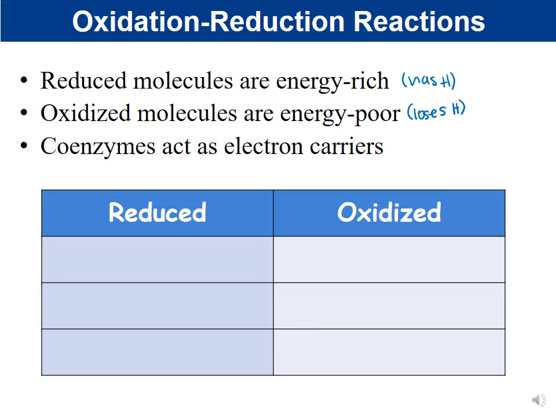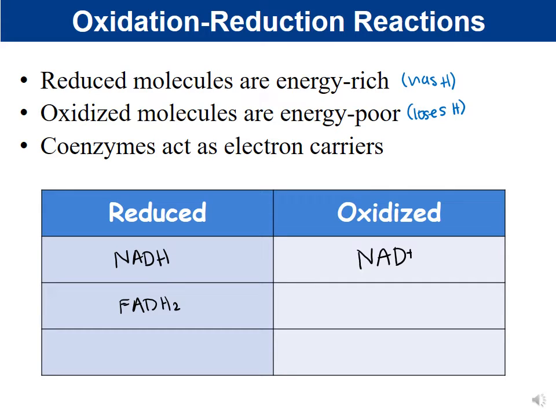So there are several electron carriers that we're going to talk about. The first one in its reduced form is going to be NADH. Notice it has its hydrogens. In the oxidized form, it's NAD+. So that's when it does not have its hydrogen, it does not have its electron. Another one that we're going to talk a lot more about as well is going to be our FADH2.